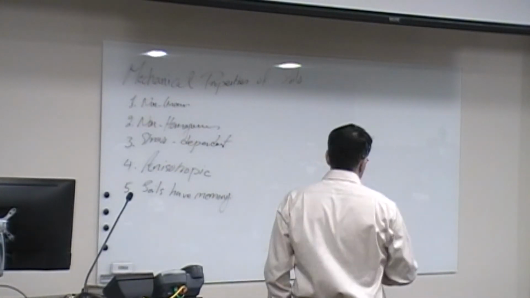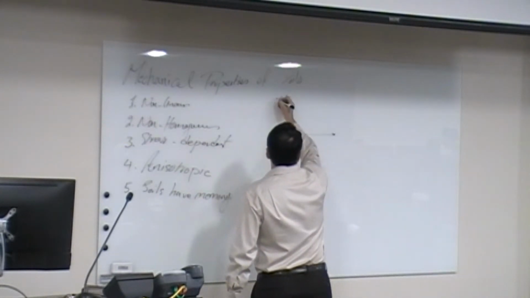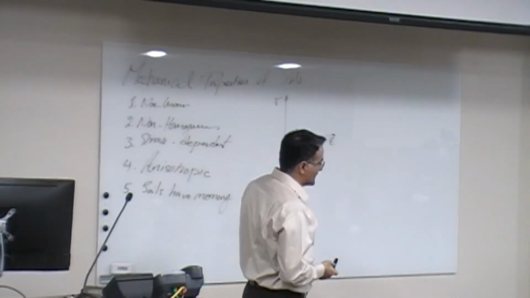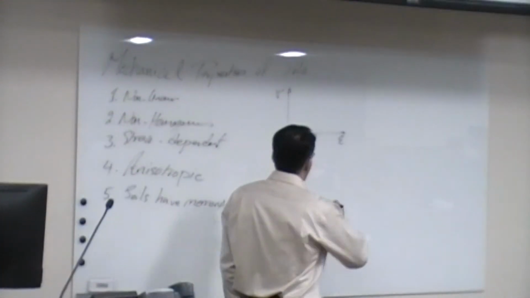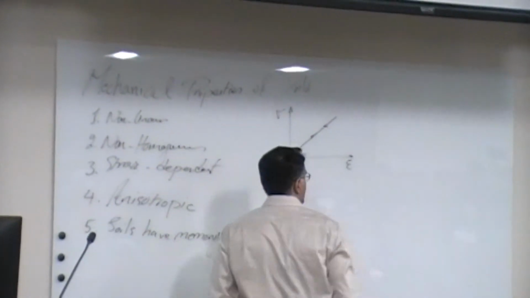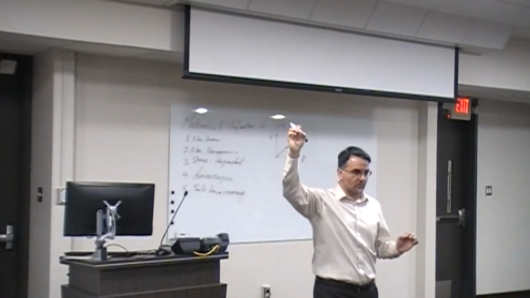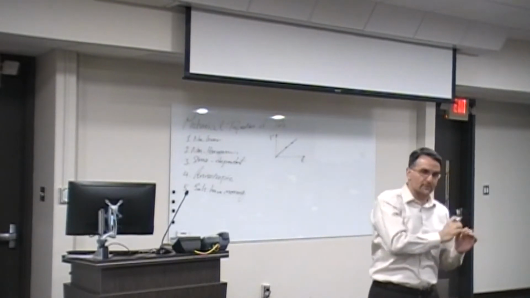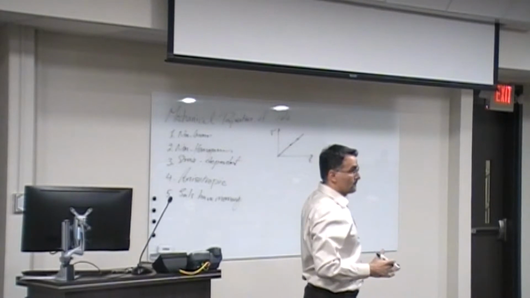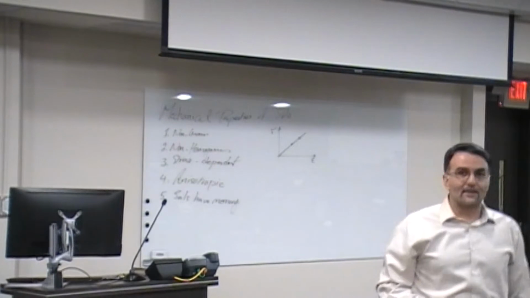All right, so let's first talk about that nonlinearity that we talked about. I'm looking at this stress strain curve. This is a path of loading, and this is a path of unloading. I load the system, it goes all the way up. I remove the load, it goes all the way back to the origin. What kind of material am I dealing with here? Is it elastic?